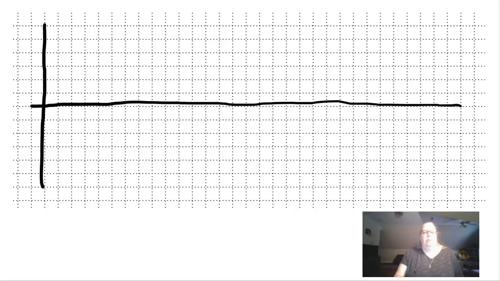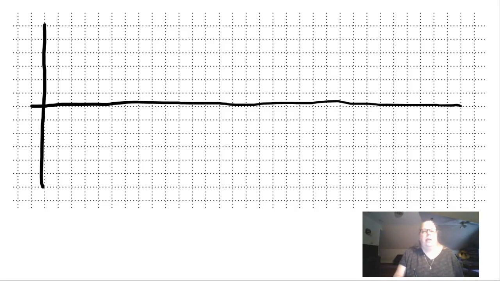Okay, we're going to have to draw this out. Let's see, we could do 1 pi over 8, 2 pi over 8, 3 pi over 8, 4 pi over 8, but that's going to be really, really skinny. So let's try and stretch this out just a little bit. We know that they're evenly spaced.